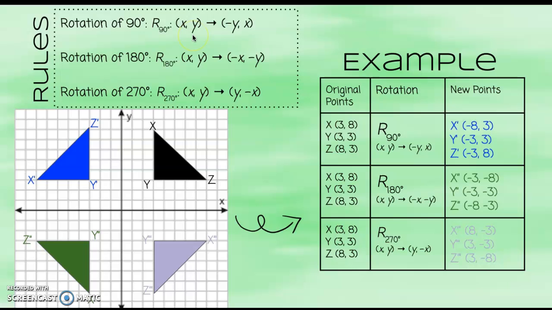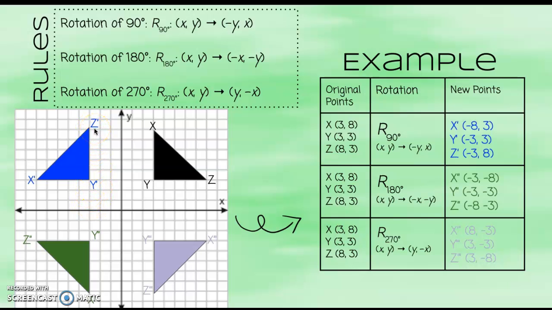So my x and y flipped. See, they flipped. And the y value became a negative version of itself. That happens with each of these. Here's y. It's rotated 90 degrees. It was 3, 3. Now, well, that one's kind of hard, but it's now negative 3, 3. And then your z is over here, 8, 3. Rotate 90 degrees. Now we're at negative 3, 8.